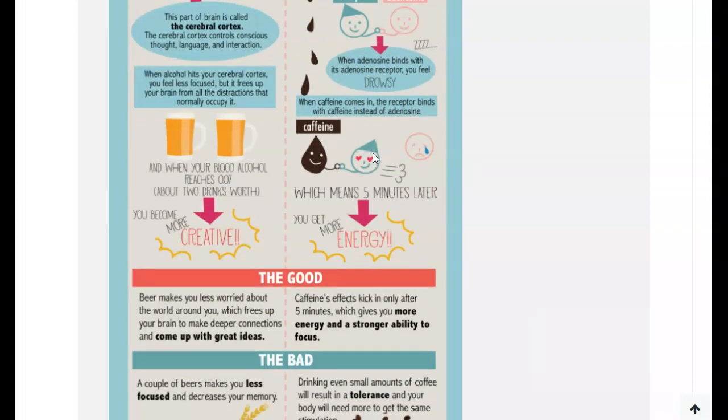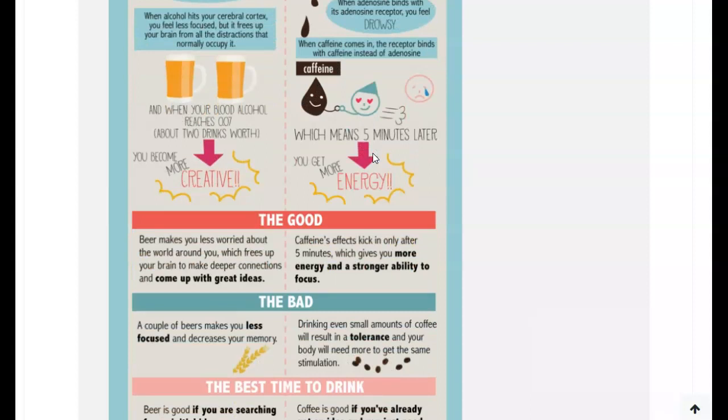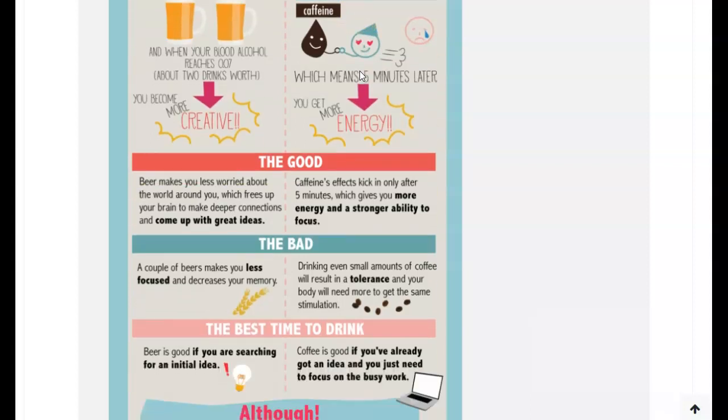Oh, I'm so sleepy. My adenosine is connecting with its receptors, and I'm feeling really drowsy. When coffee comes in, the receptor binds with the caffeine instead of the adenosine. The caffeine comes from the coffee. And when that happens, 5 minutes later, you get more energy.